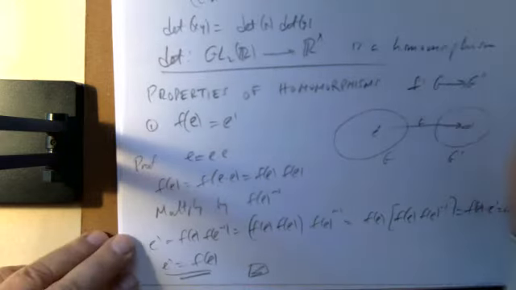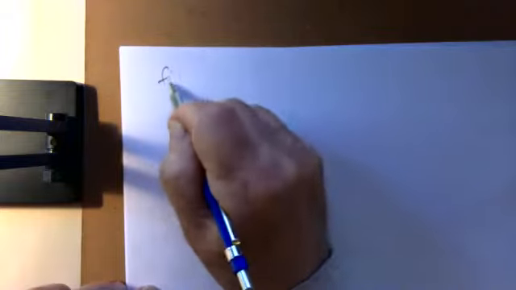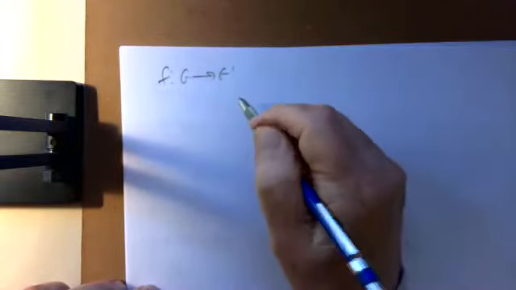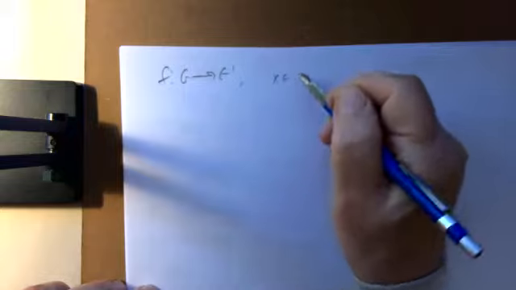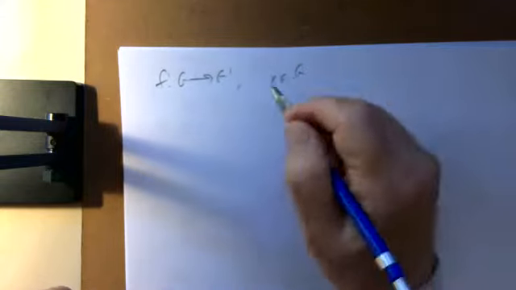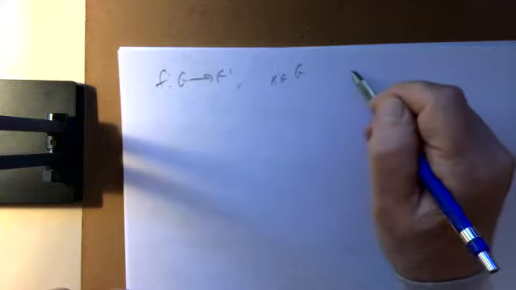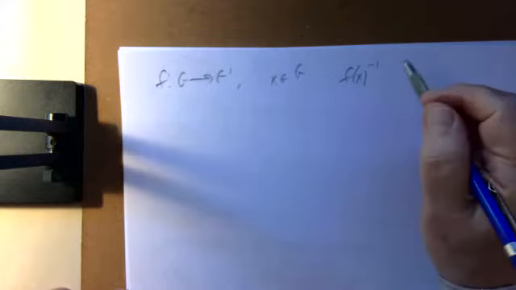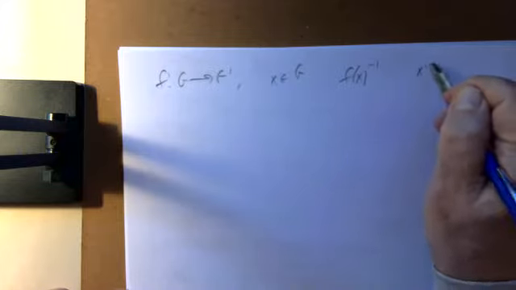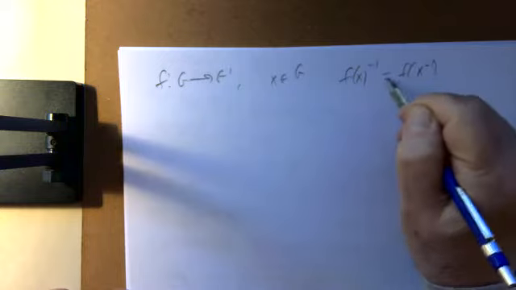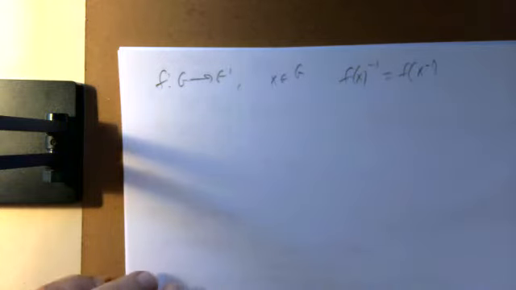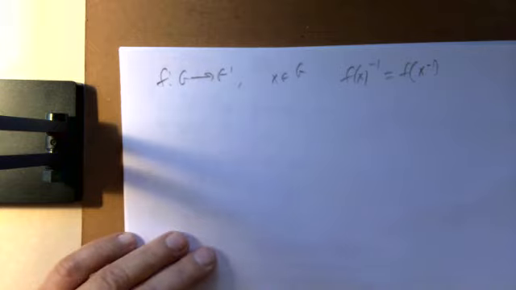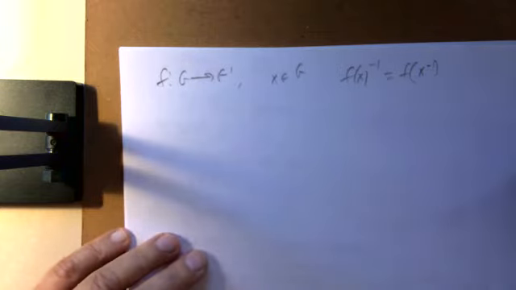What's another property of a homomorphism? So we have f from G to G prime a homomorphism, and then the element x in G. So for all x in G, f of x, that's over in G prime, you can take the inverse there. On the other hand, you can also take the inverse of x in G and apply f to that, and we get the same element. So you can give a kind of a diagram to show what's going on.